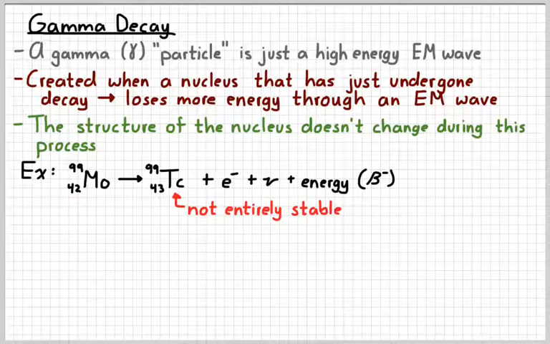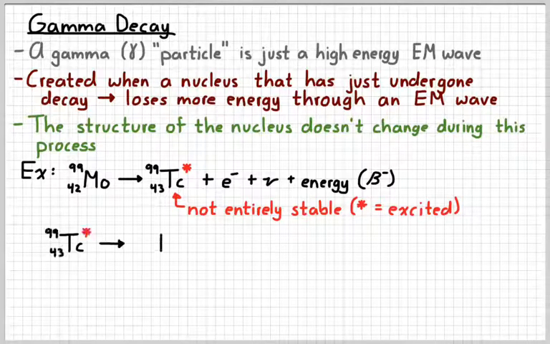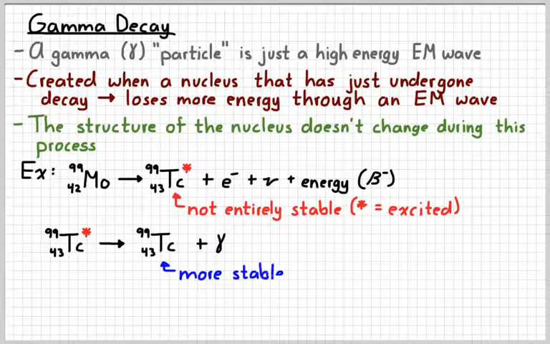To denote that, we would put a little asterisk by it. The asterisk means that it is, quote-unquote, excited. It has too much energy and wants to lose some of it. The way that it loses it is by creating an electromagnetic wave, which means it's now more stable.